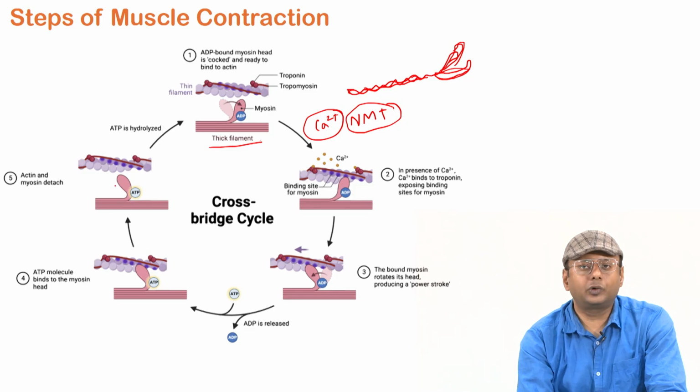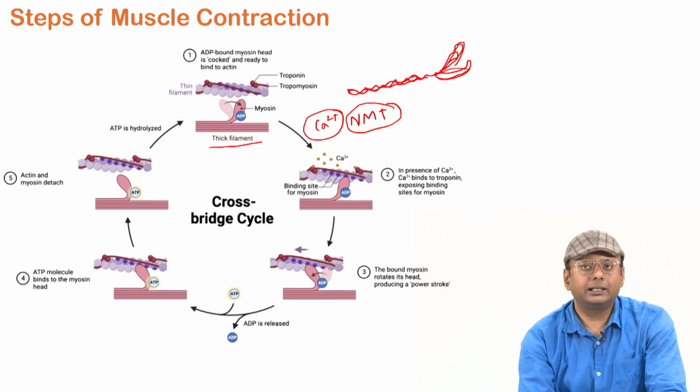In the next step, you can see both the actin part and the myosin protein part get detached, and ATP is hydrolyzed. So, two things happen: actin and myosin get detached from each other, and then ATP is hydrolyzed. Again, the ADP bound myosin head is cocked and ready to bind to the actin again.